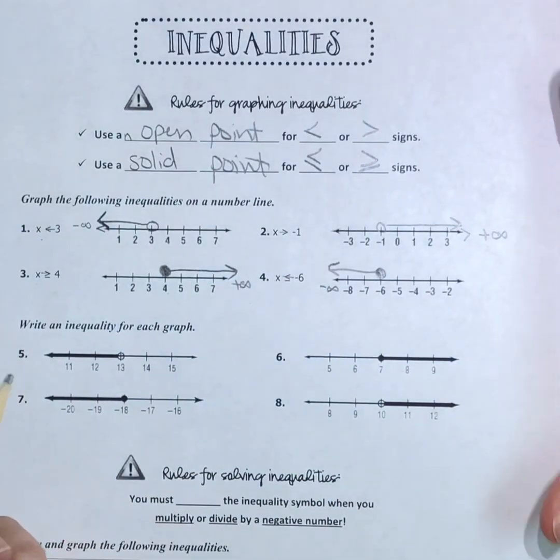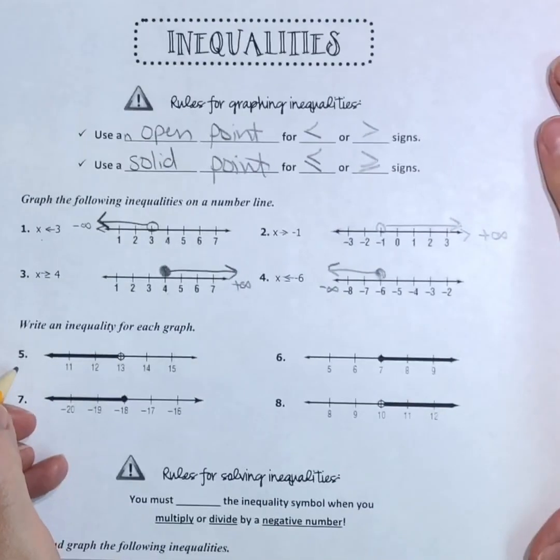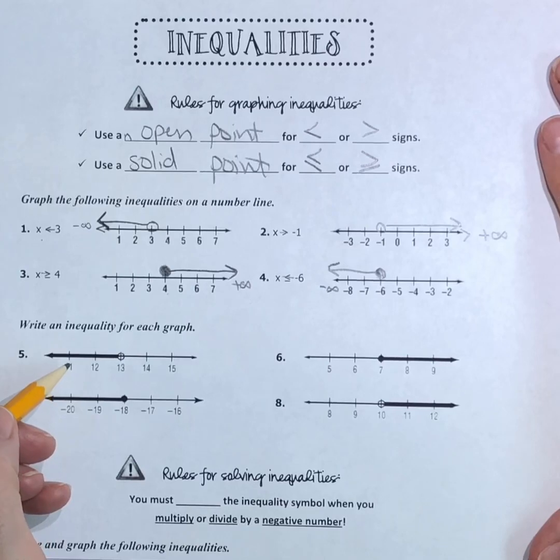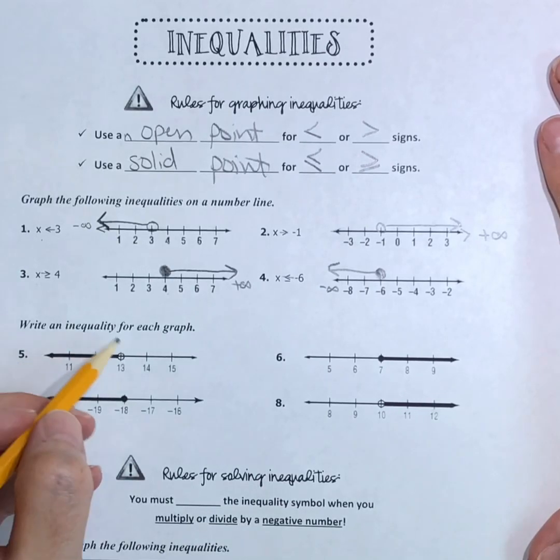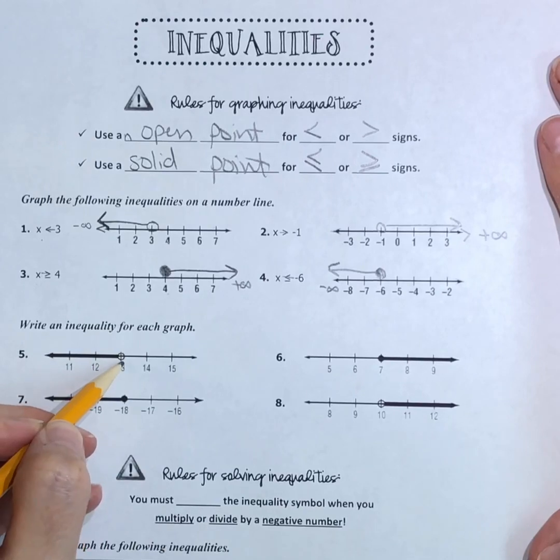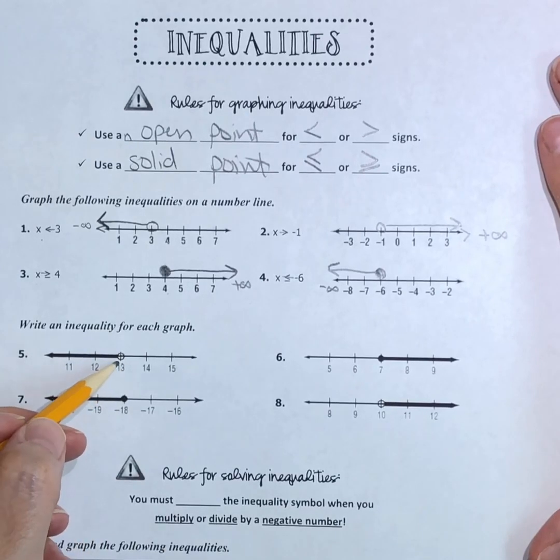Well, yes. Okay, number 5, so the shaded area represents the x values, or the unknown variables. First thing I look at is whether or not there's an or equal to. Well, there's not, because it's an open point.